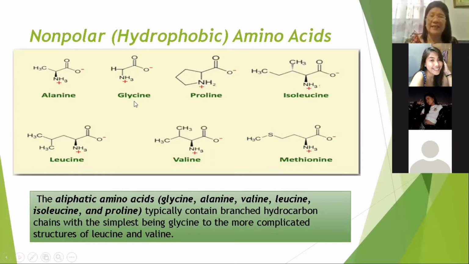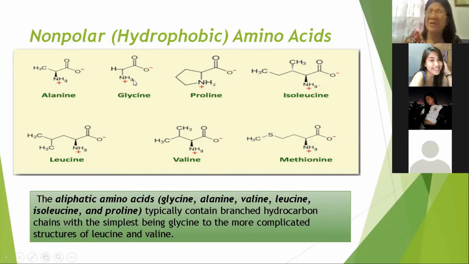Where is glycine? Kani. Ang side chain sa glycine is H. So, this is now your alpha carbon. Line structure.